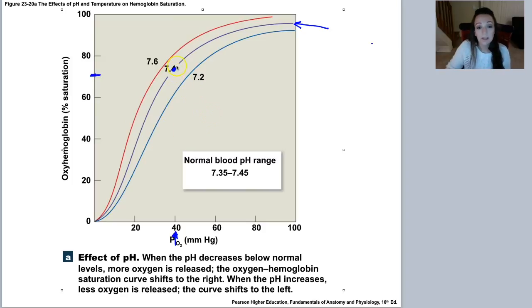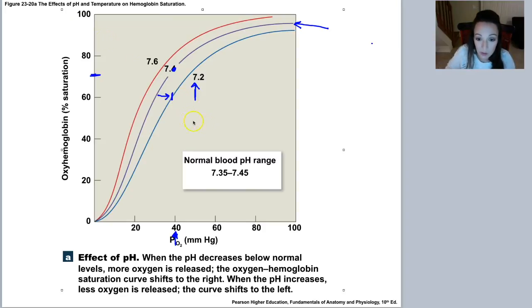So great. Now, if we just lower the pH just a little bit, to 7.2, see how much our curve shifts to the right? So now at a partial pressure of 40 millimeters of mercury, our hemoglobin population is only 60% saturated with oxygen. So this means more molecules of hemoglobin will release their molecules of oxygen when they get to the tissues.